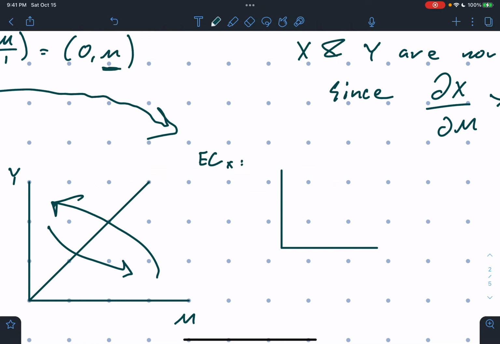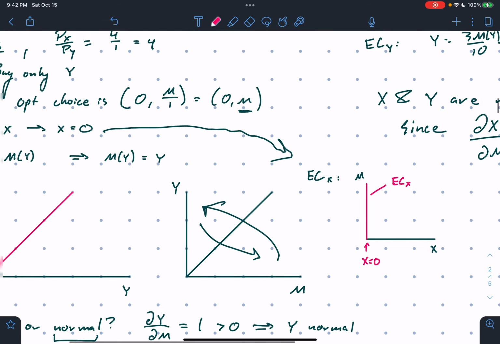We're going to plot x here, and the curve is just going to be here. Right, so this is the Engel curve for x. It's not very exciting. It's a vertical line. It basically just means x is equal to 0 for all m.